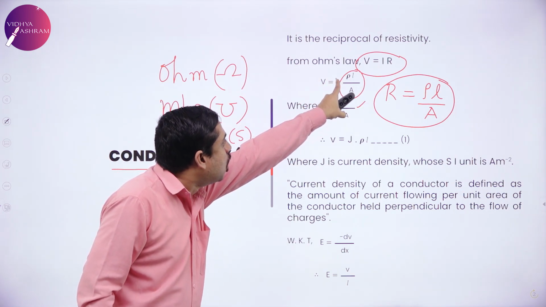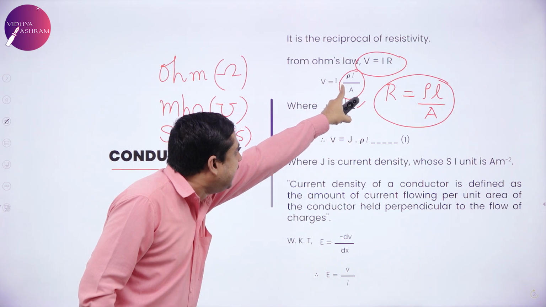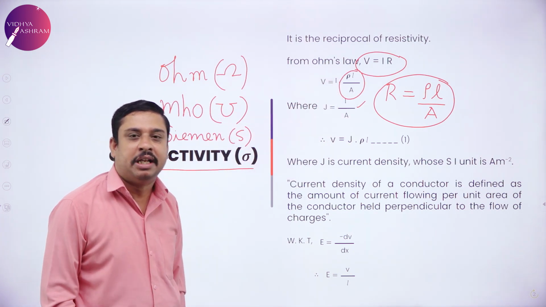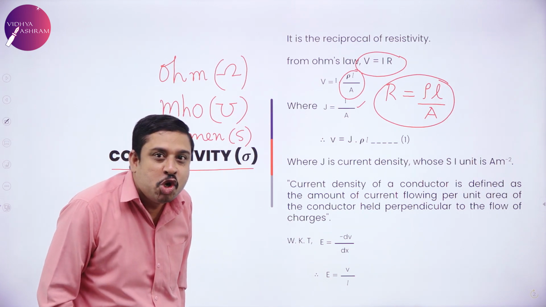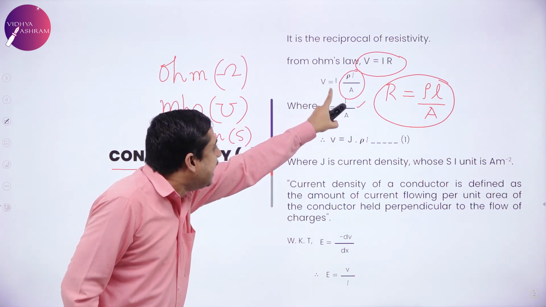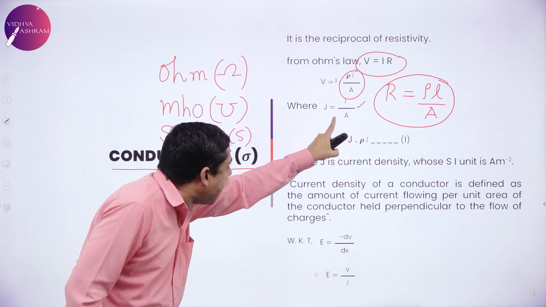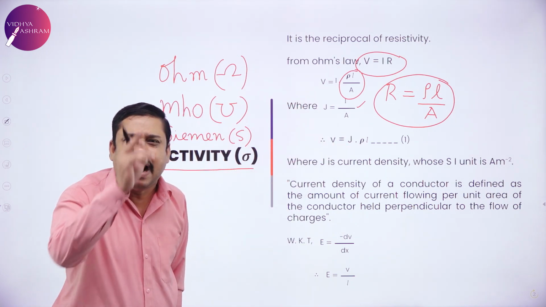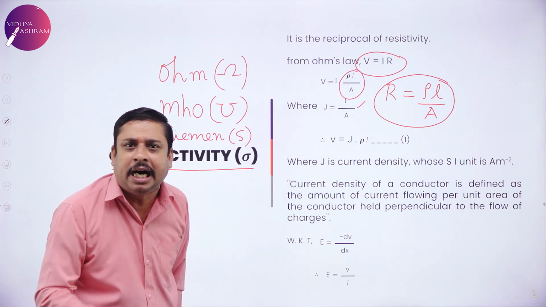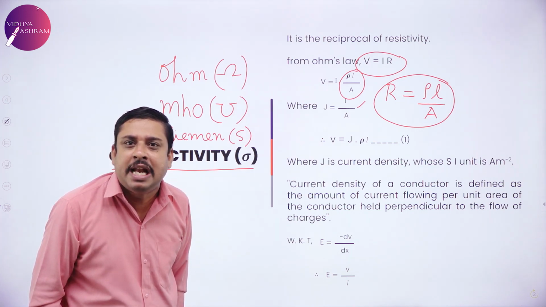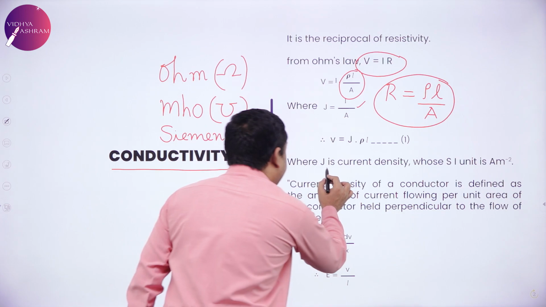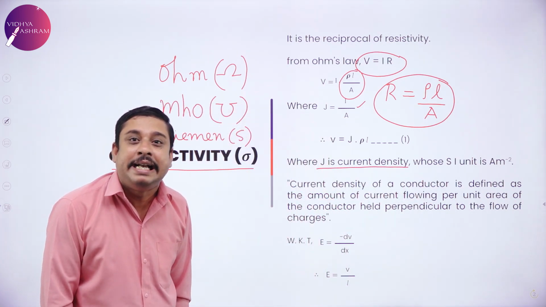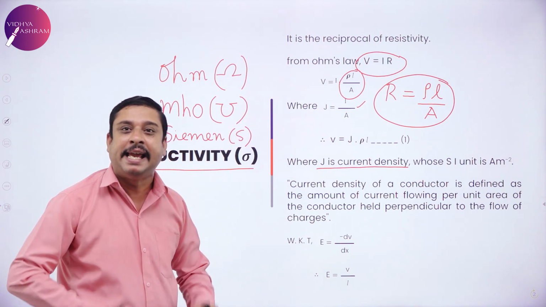Instead of R, rho L divided by A. In that expression, the ratio I divided by A is represented by J, a very important term in the study of electric current, where J is current density.